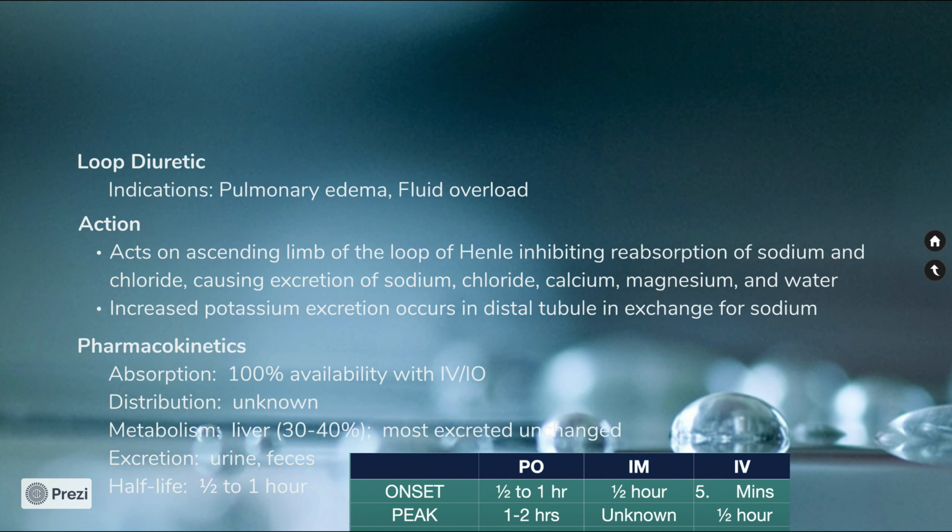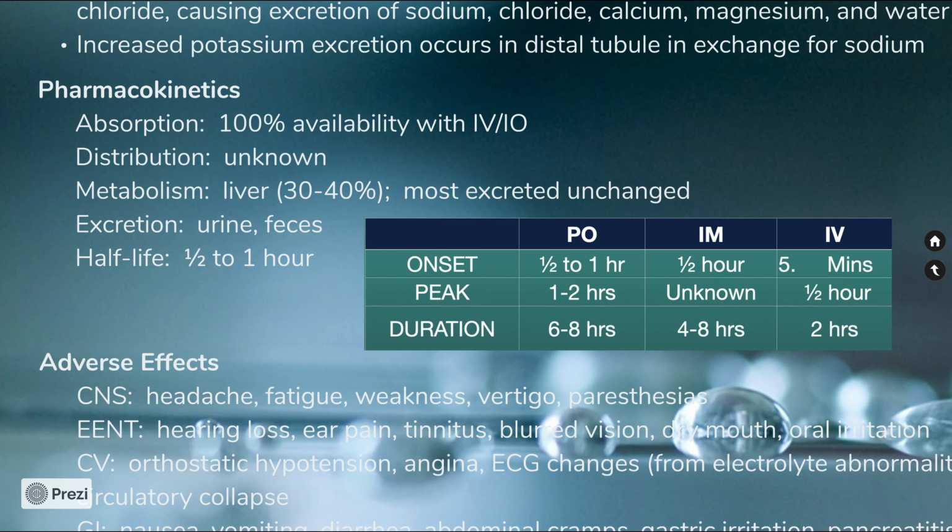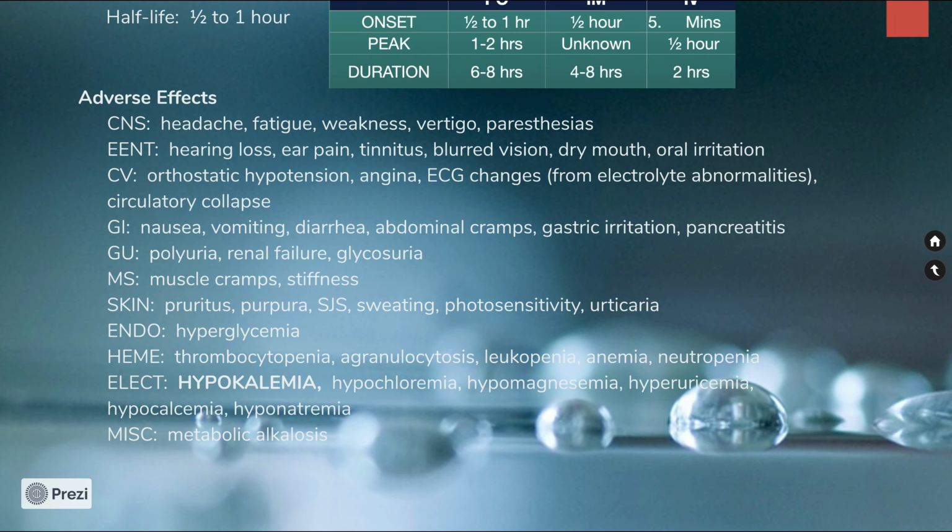If you do not reabsorb sodium, you will not reabsorb water very well. Unfortunately, when you use furosemide, you also excrete potassium significantly. And that is one of the reasons why one of the leading adverse effects of furosemide is hypokalemia.